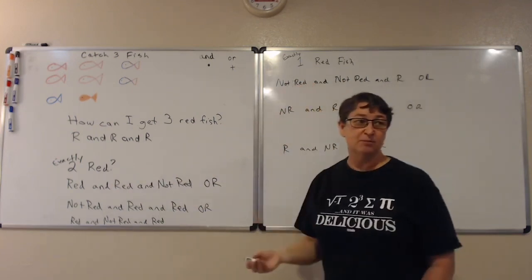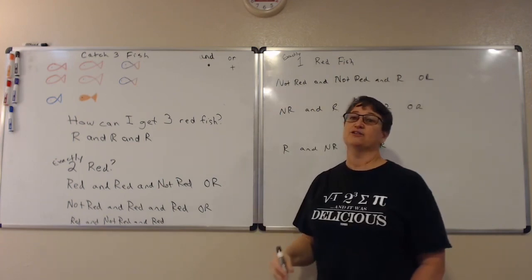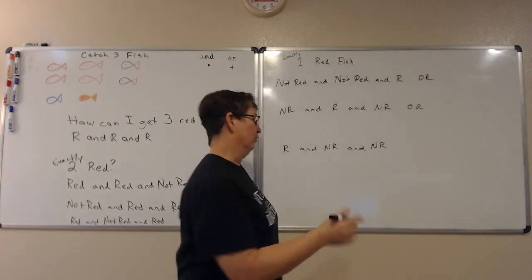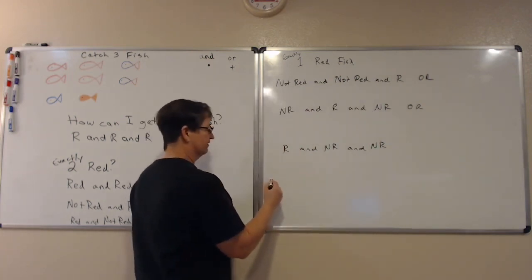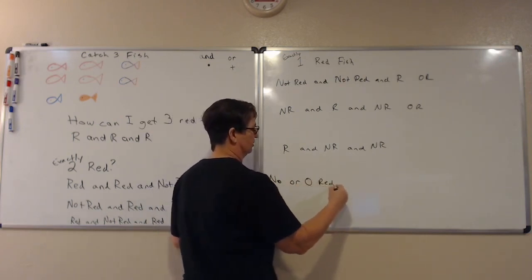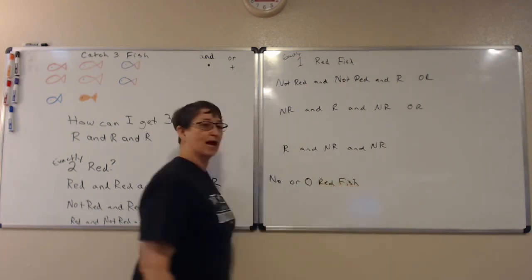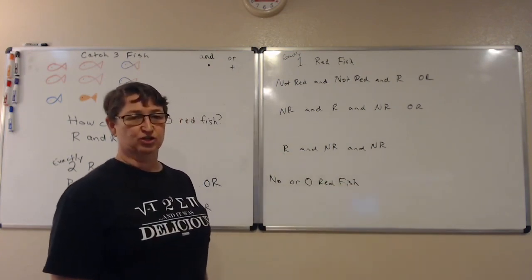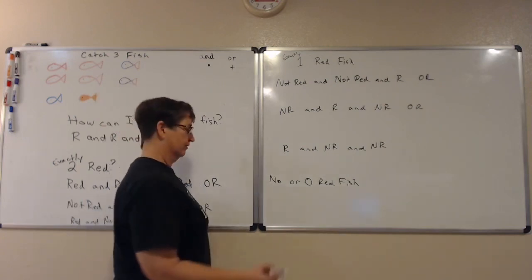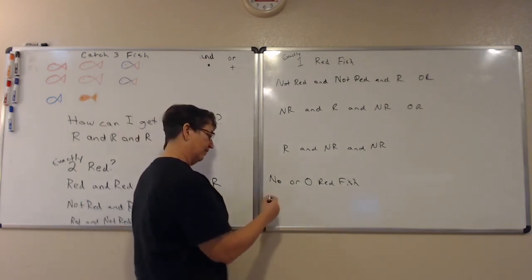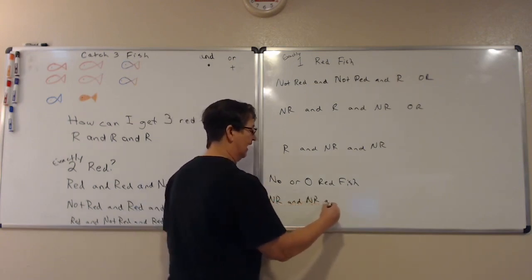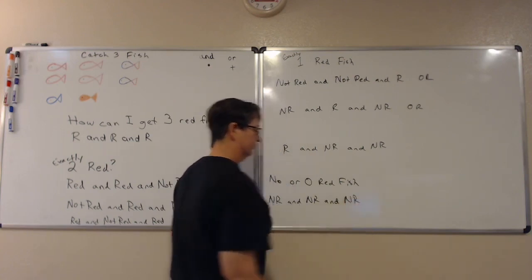The only thing that's missing is for me to catch no red fish, or 0 red fish. So how would I go about not catching a red fish? Good, I'd have to get a not red and a not red and a not red.